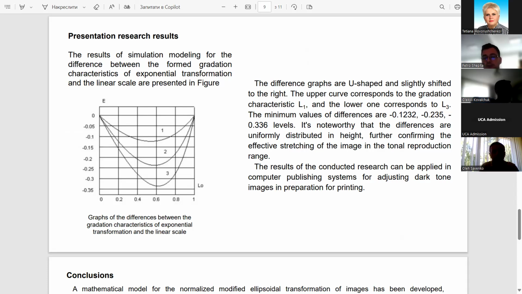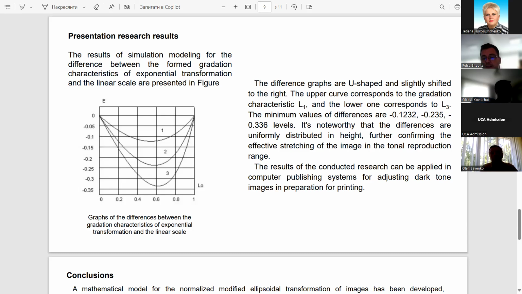The minimum values of the difference are -0.1232, -0.235, and -0.336 levels. It is noteworthy that the differences are uniformly distributed in height, further confirming the effective stretching of the image and the tonal reproduction range.